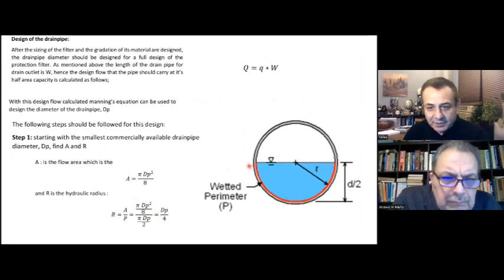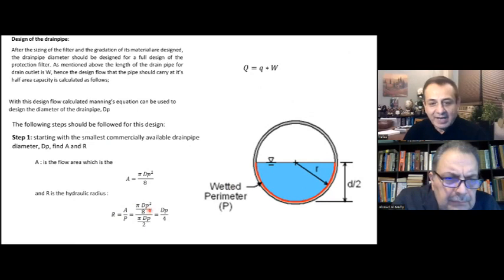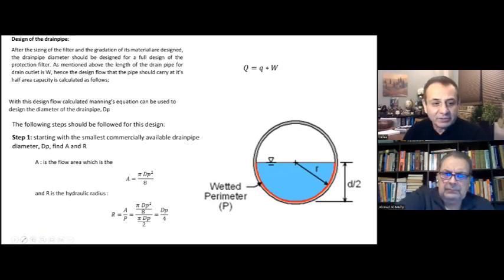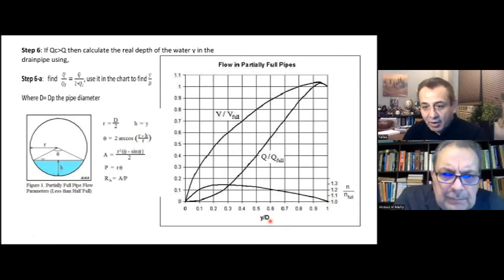A and P are for a very easy half flow, half of the circle. But since we have Q less than QC, referring to half the circle, we're going to have a depth of water below the half. How much is this depth? That's what we calculated using this figure as well.